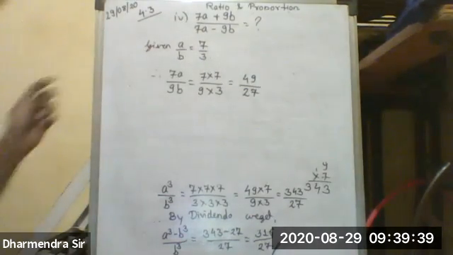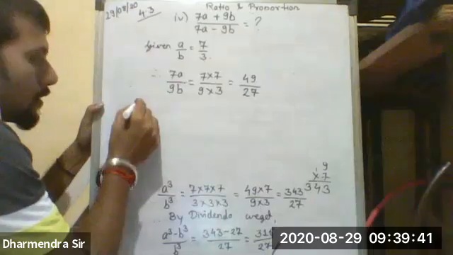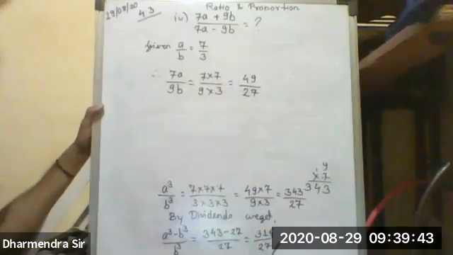So what they are saying? Componendo and dividendo, because they are having positive in the numerator and negative in the denominator.